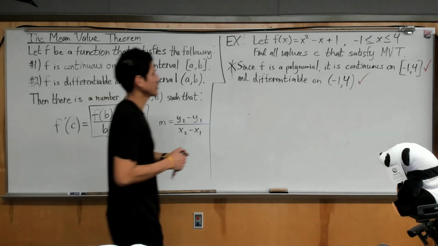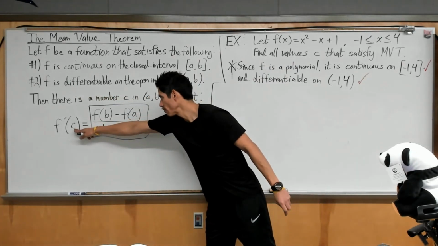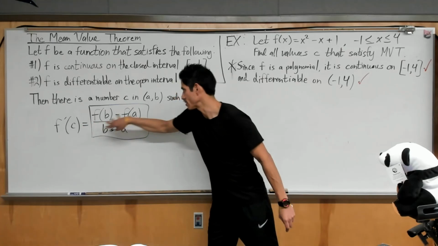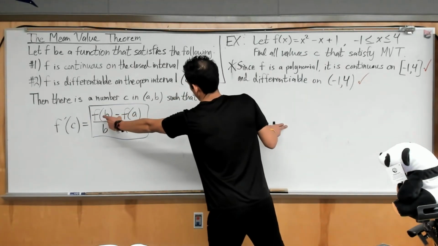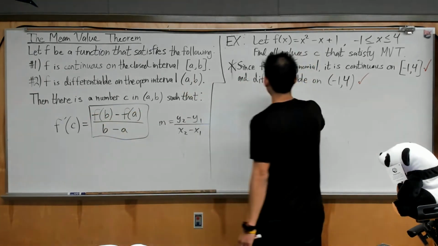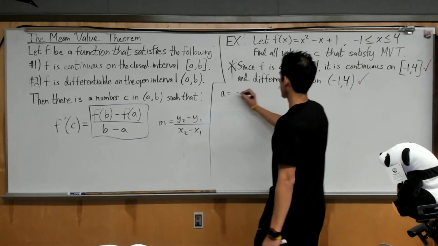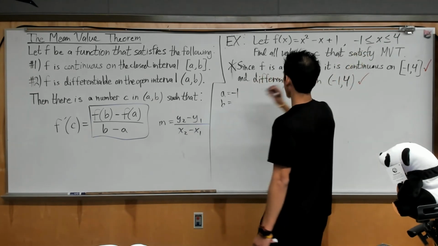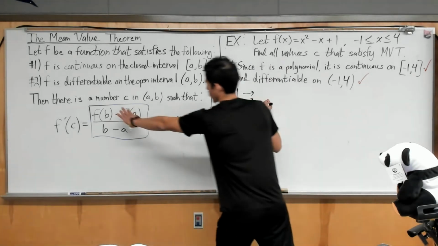So what we're going to now do is find a value where the derivative at that value is going to be equal to the difference quotient. So let's make this more clear. In this case, we have A is -1, B is 4. So let's first work out this side.